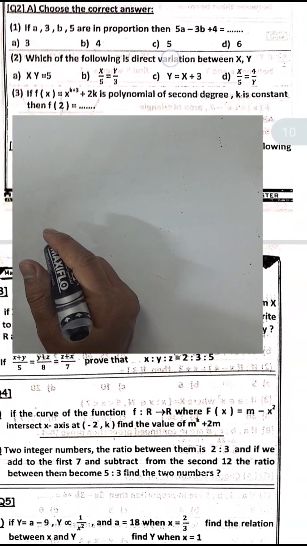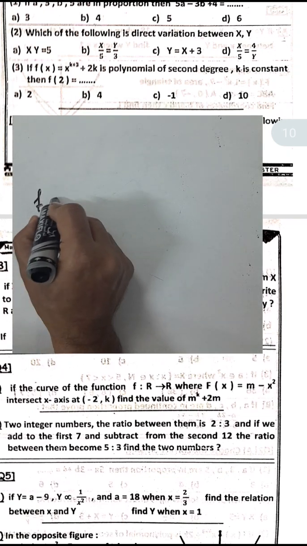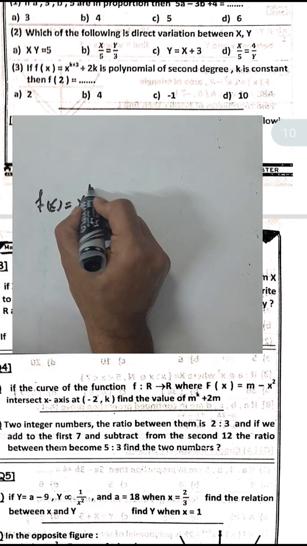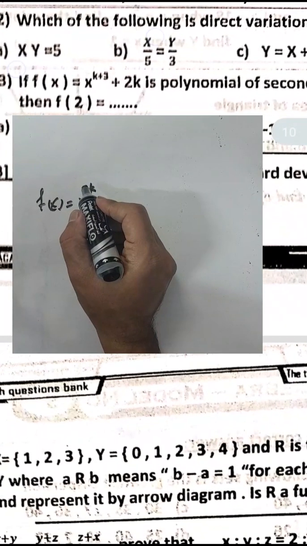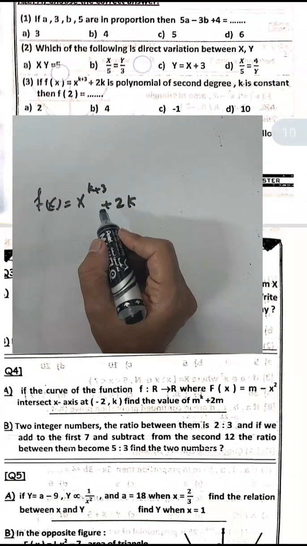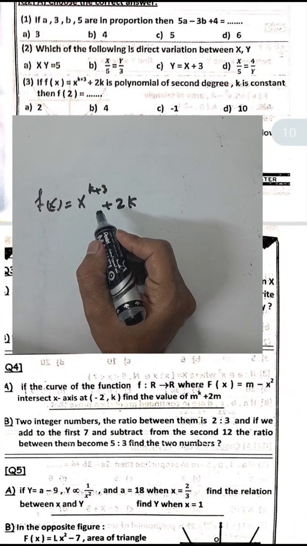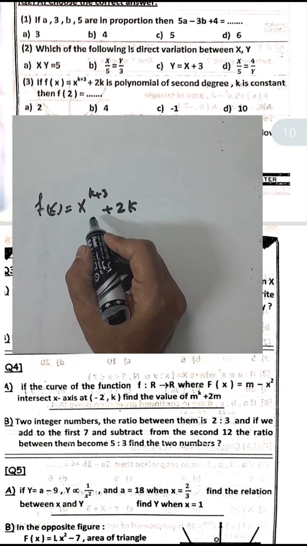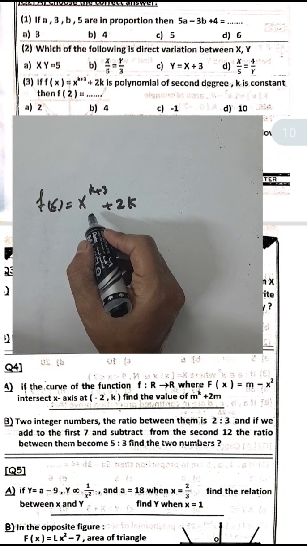Question number 3. If f of x equals x power k plus 3 plus 2k is a polynomial of second degree, and k is the constant, f of 2 equals. He tells us this expression is a polynomial of second degree.